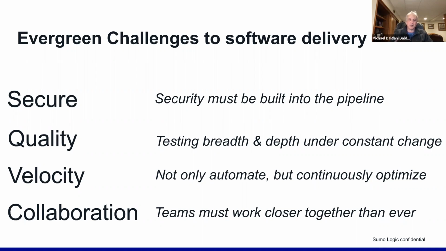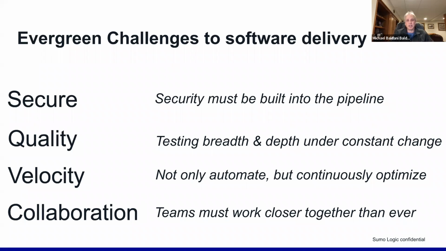So there's always a tug of war between quality and velocity, but there's a balance that you can achieve there. But when you look at velocity, there are certain things you can do, looking at your process, looking at places where you can automate that may be manual today, and then how do you continuously optimize the process so that you're moving quickly, but maintaining or improving your quality over time.